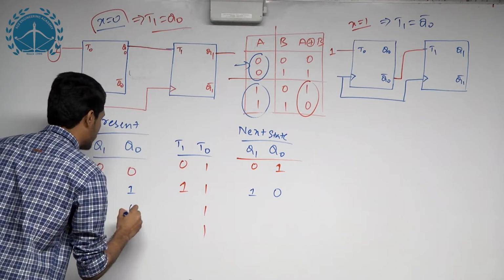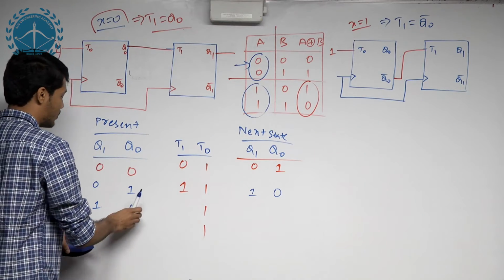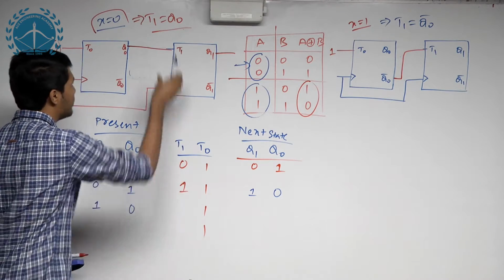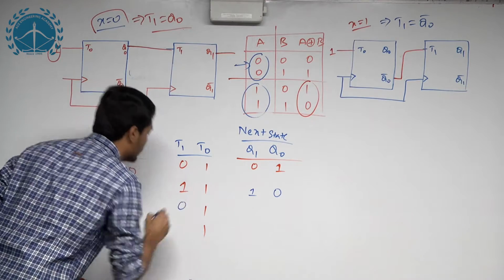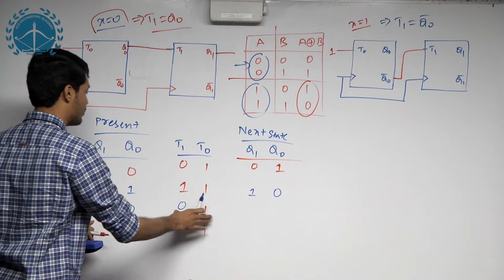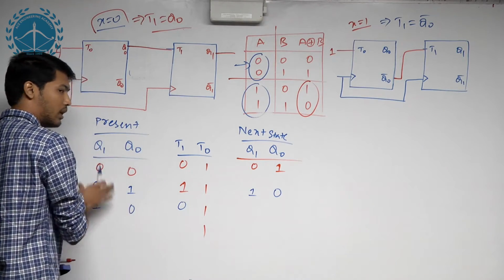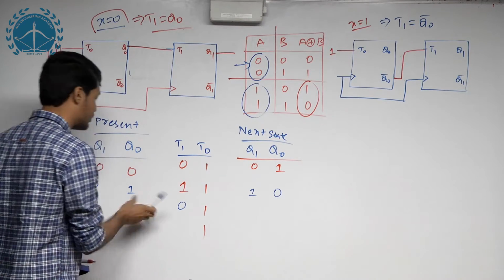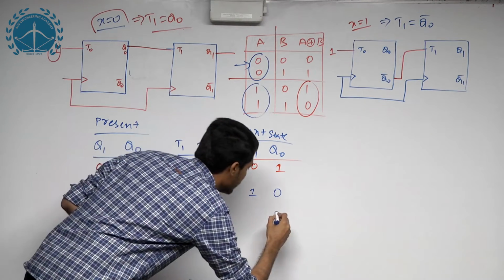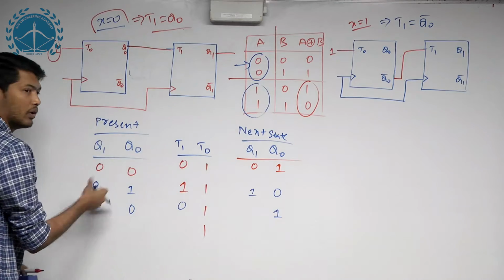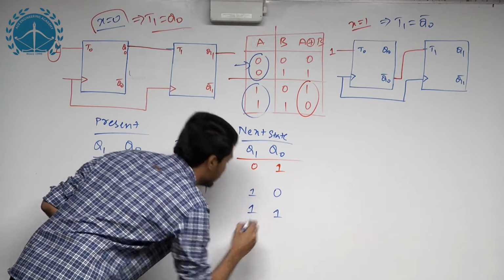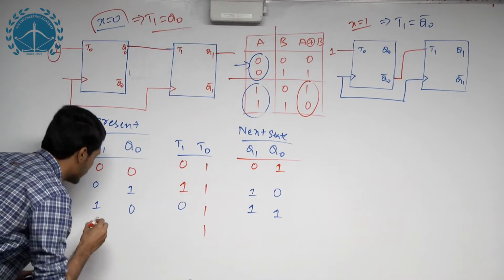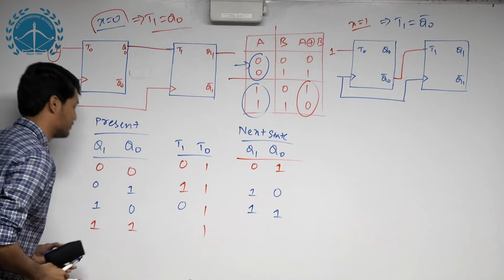So now my present state is 1 0 and T1 is equal to Q0, which is 0 here. So basing on this, Q0 will toggle and Q1 will not toggle. So since Q0 toggles, it will become 1 and Q1 will remain in one state. So now my present state will become 1 1.